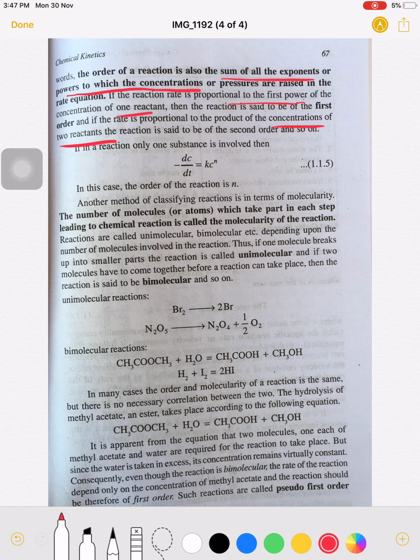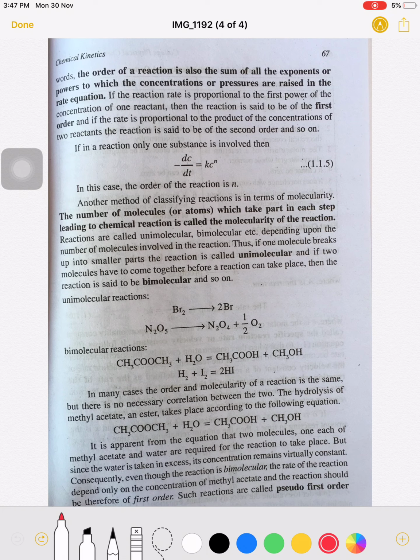If two molecules are involved and the concentrations of both molecules change during the reaction, then the order of reaction is second order. If in a reaction only one substance is involved, then the rate of reaction is written as minus dc by dt equal to kc raised to n. In this case, the order of reaction is n because only one substance is involved in the reaction rate.